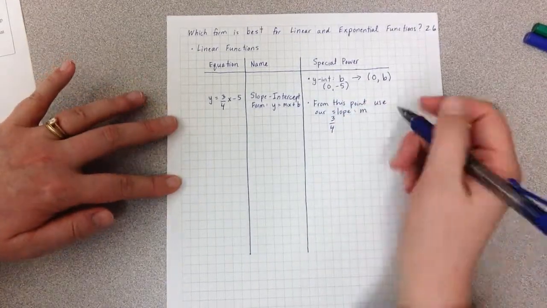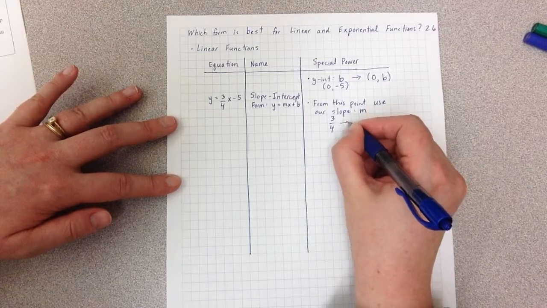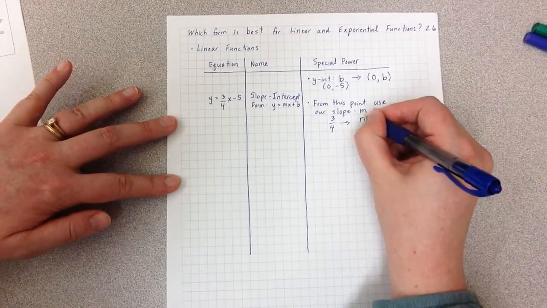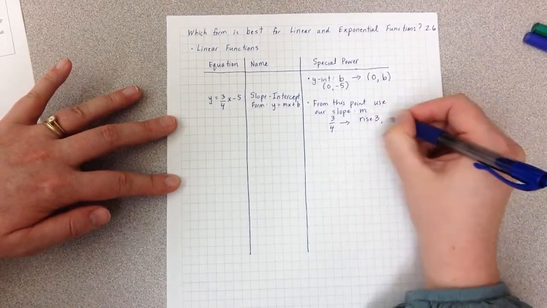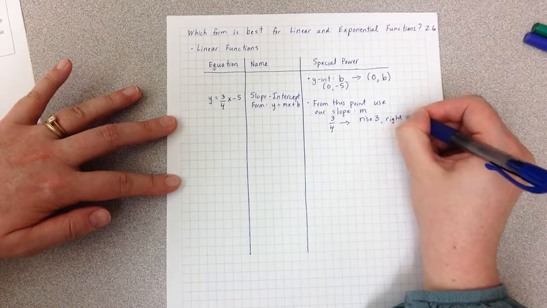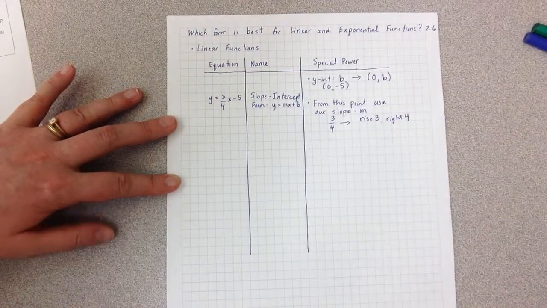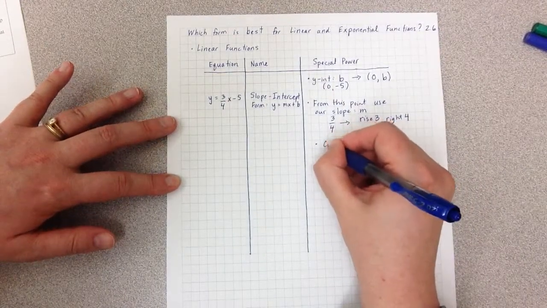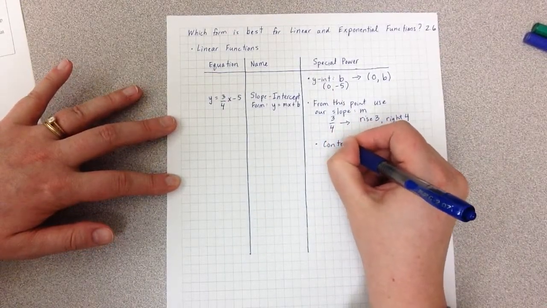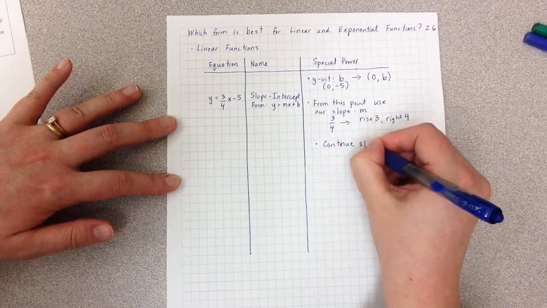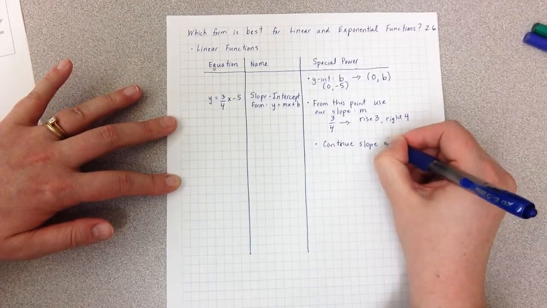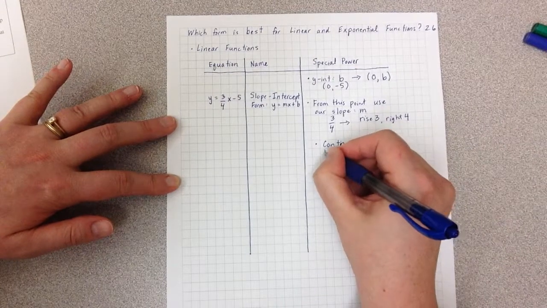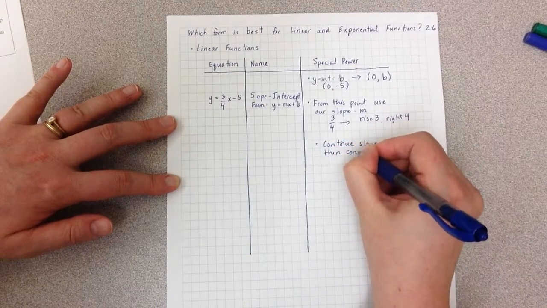Remember that slope is rise over run, so this slope means rise 3, right 4. And I do that until I have several points. So continue the slope and then connect the points.